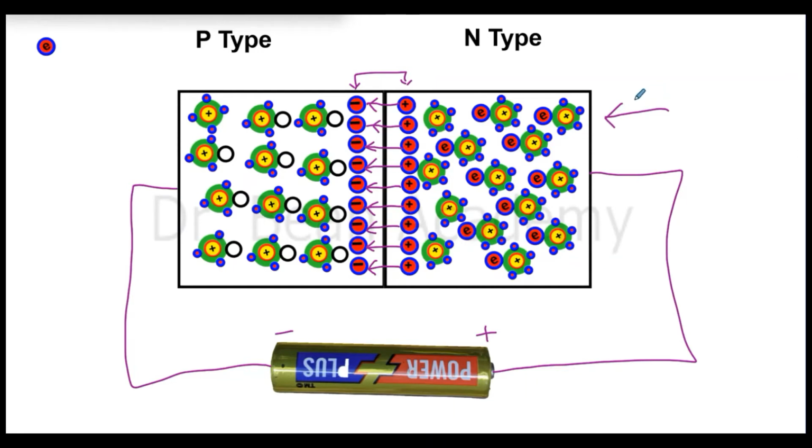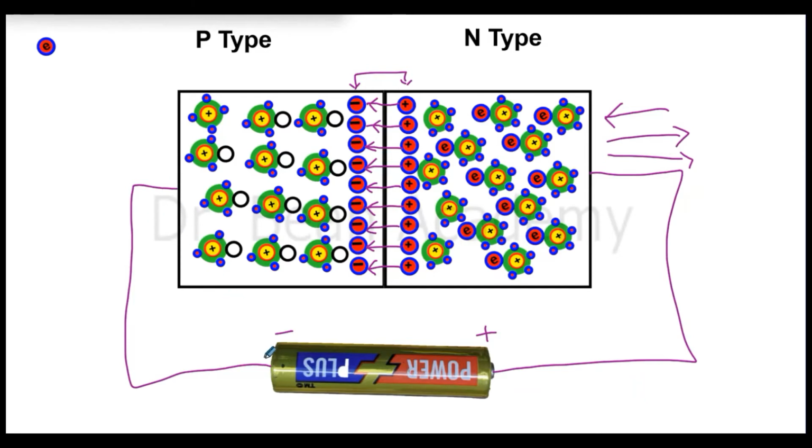So we need a push to these electrons in the N-type side behind the barrier. But instead, it will suck these electrons out of this region. And the same is the case here.